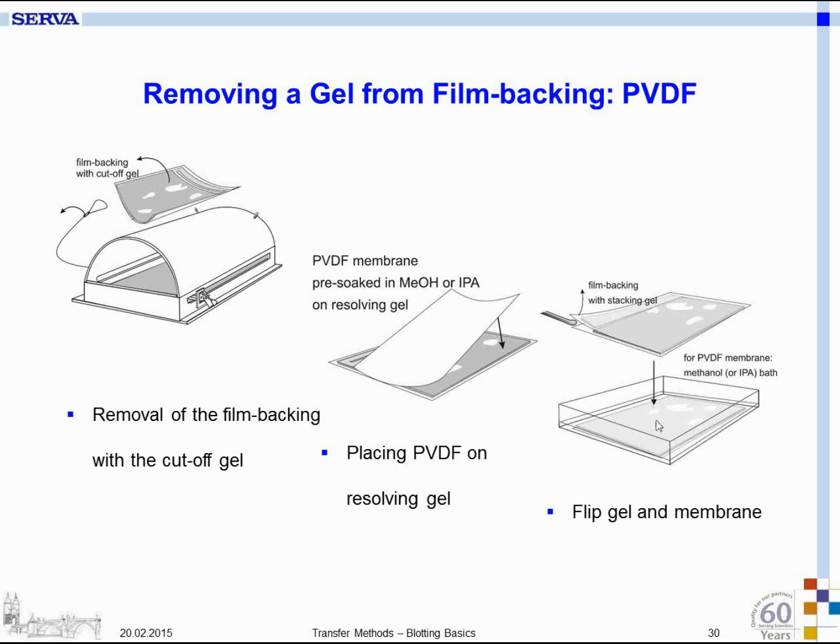The separation gel is lying now on the PVDF membrane. If you have folds, and very often this causes folds here, you just place it together into the buffer bath or methanol bath, and then you can move out the folds and place the sandwich into the blotting setup.